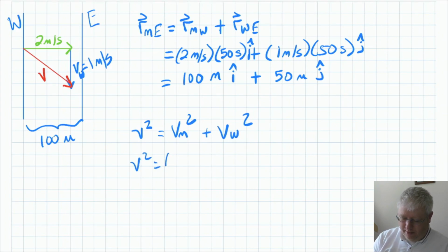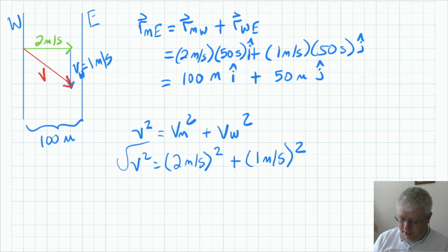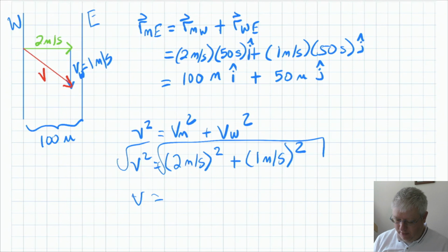All right, so my velocity was 2 meters per second squared plus the water's velocity was 1 meter per second squared. All right, if I take the square root of both sides, I'll say v squared is 2 squared, which is 4 meters squared per second squared, plus 1 squared, which is 1 meter squared per second squared.